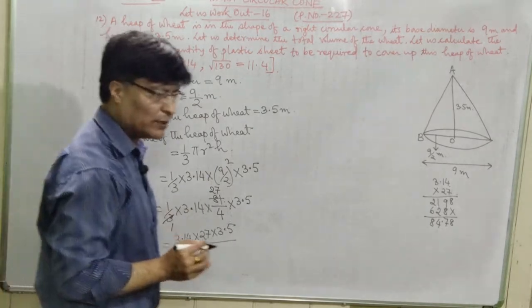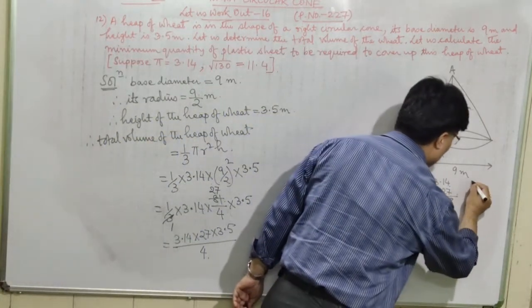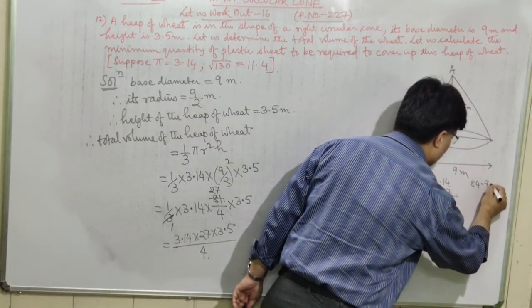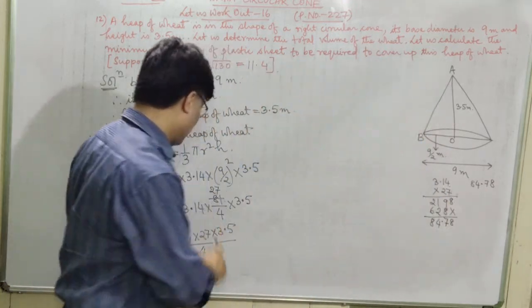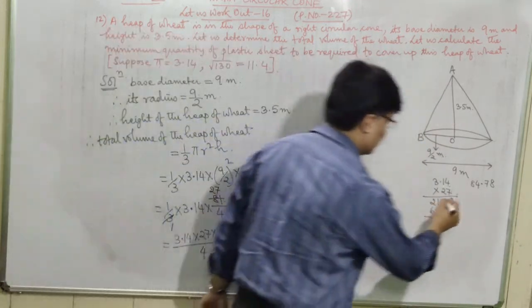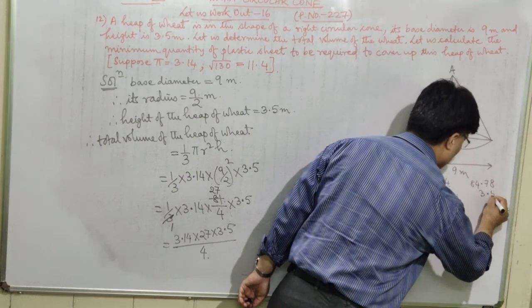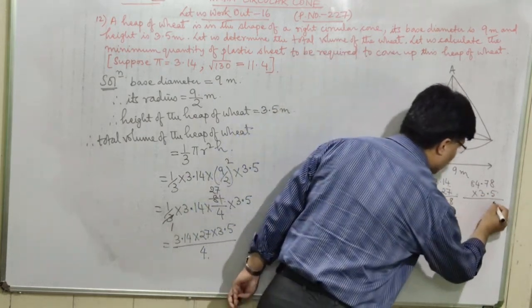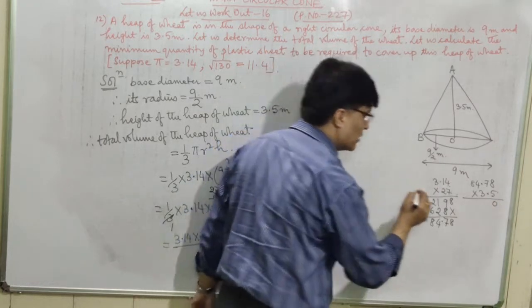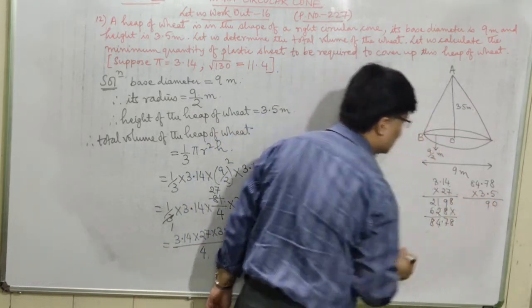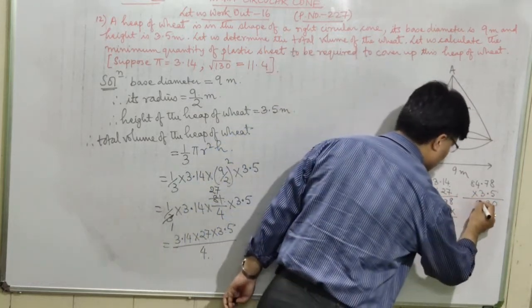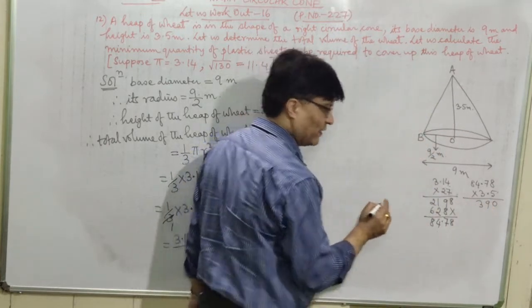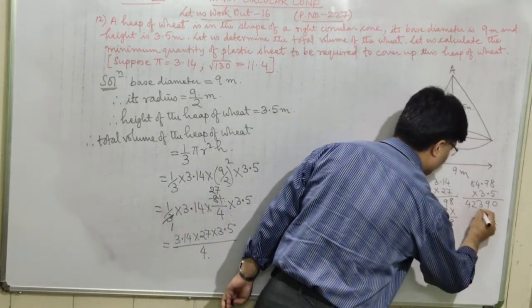Now it should be multiplied by 3.5. 84.78 should be multiplied by 3.5. Let us multiply them. 5 8s are 40, 0, 4. 7 5s are 35, plus 4 is 39, 9, 3. 5 4s are 20, plus 3 is 23, 2. 8 5s are 40, plus 2 is 42.